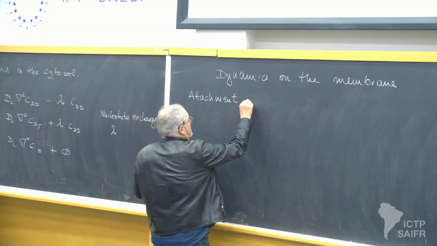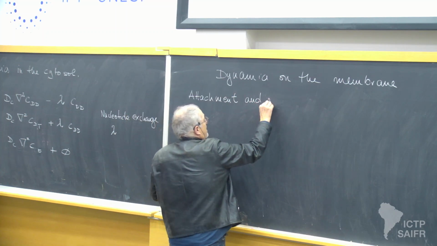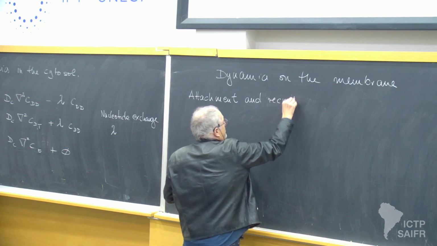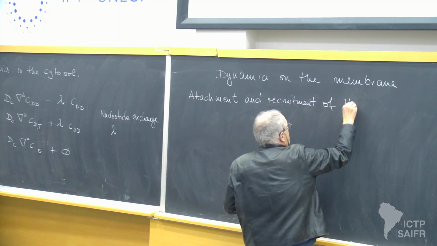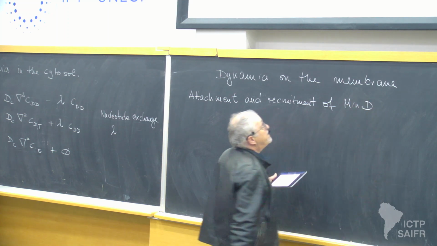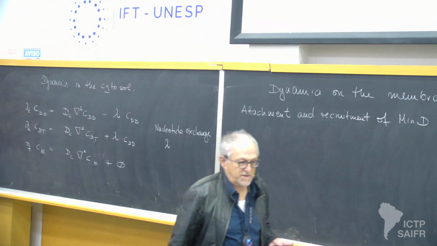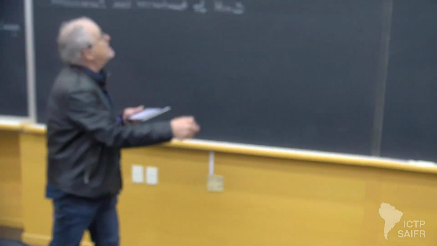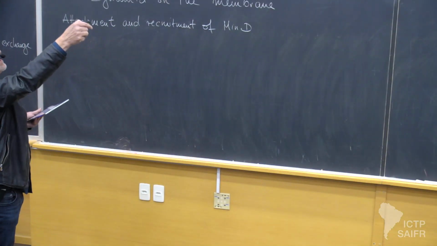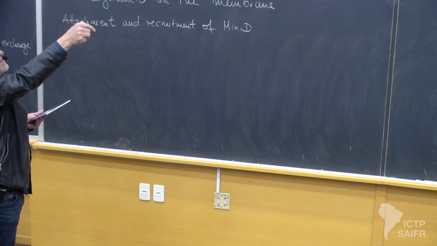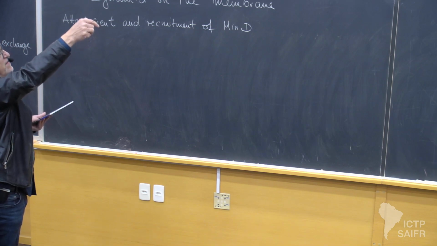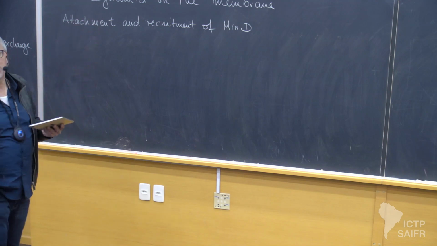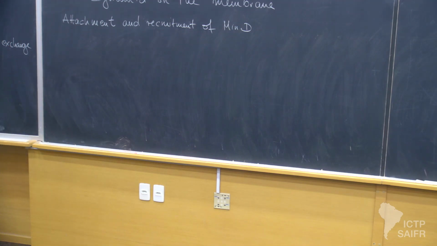One is attachment and recruitment of the min-D. So when you look here on this reaction scheme, it's the process where you have the min-D ATP attaching, that's the green arrow, and there's positive feedback. This is this looped arrow that you find here. Okay?